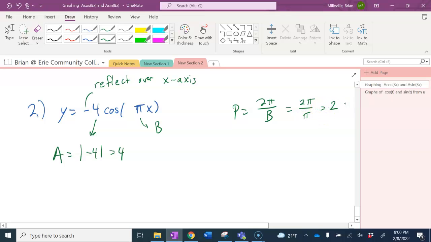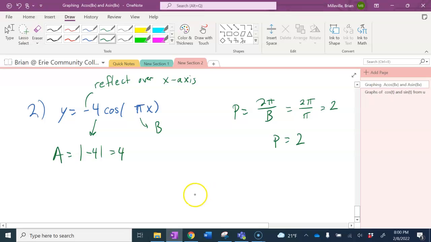So it comes out to exactly 2. It comes out to an integer in this case, not in terms of pi. So our period is length 2, meaning we're going to complete one cycle of a reflected cosine graph with amplitude 4 over the interval from 0 to 2.